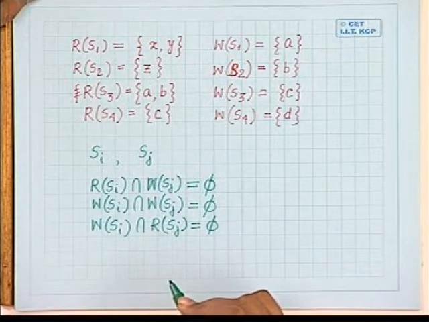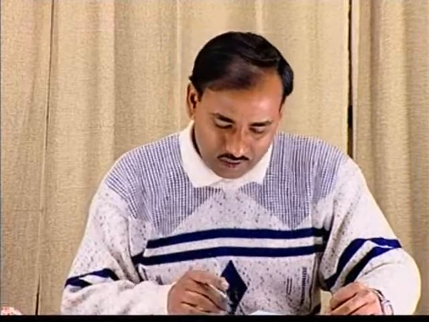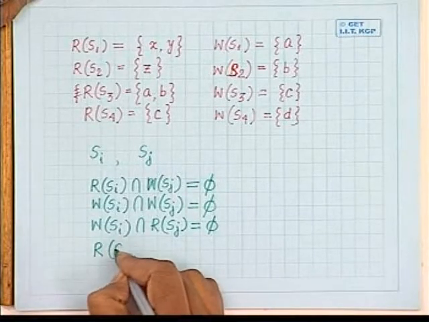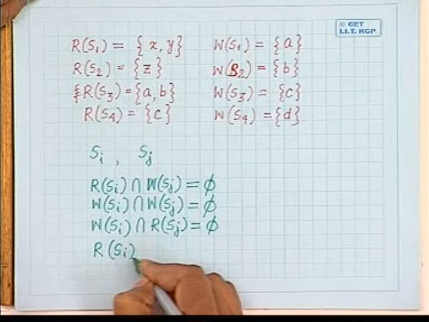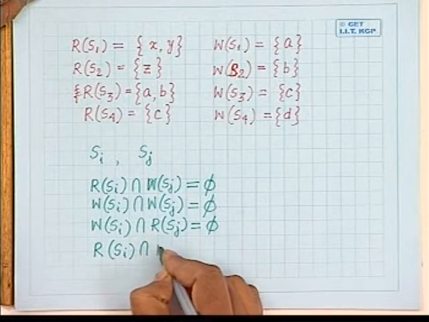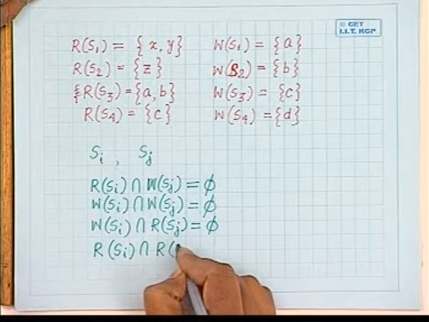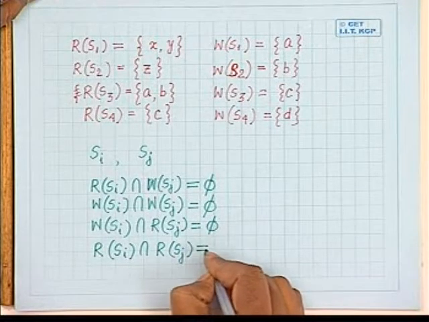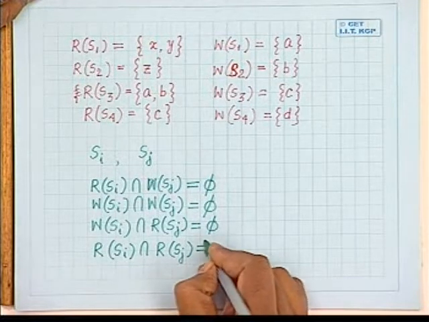However, if the read sets intersect, that does not prevent the two statements from executing concurrently. Okay. So, the read set of Si intersection with the read set of Sj may be null or it may not be null.